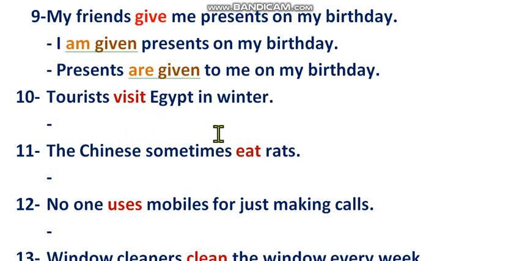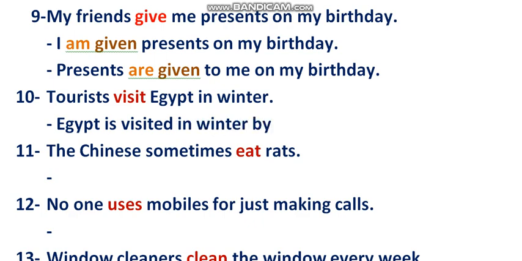Tourists visit Egypt in winter. So the object is Egypt. That's singular. So is, visit is regular, visited. Egypt is visited in winter.